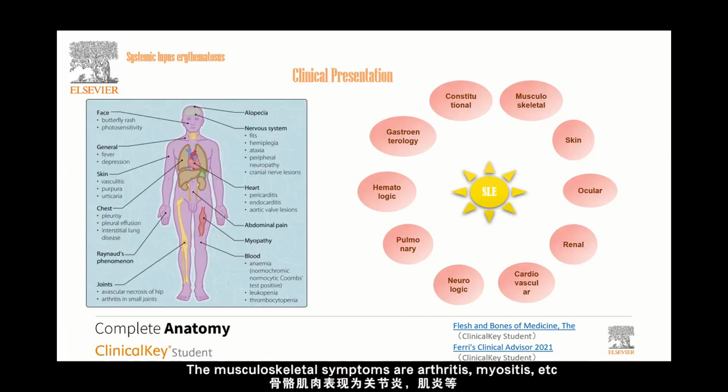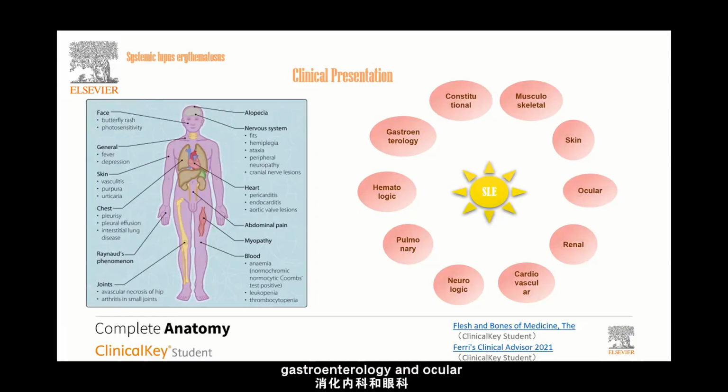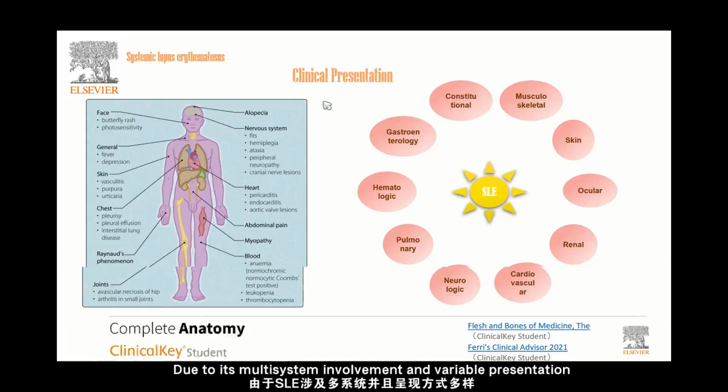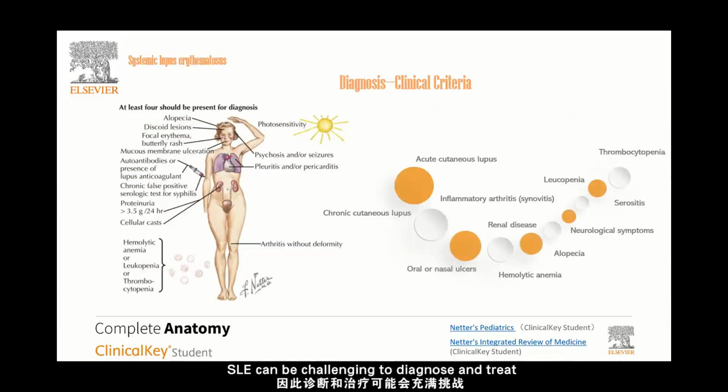The musculoskeletal symptoms are arthritis, myositis, etc. Skin involvement appears as malar rash, discoid rash, etc. And other target organs are renal, cardiovascular, neurologic, pulmonary, hematologic, gastrointestinal, and ocular. Due to its multi-system involvement and variable presentation, SLE can be challenging to diagnose and treat.